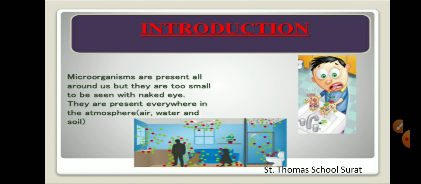We have seen several kinds of plants and animals, and there are other living organisms around us which we normally cannot see, isn't it? Can we see very small tiny particles or organisms? No. So such organisms around us exist which we normally cannot see.